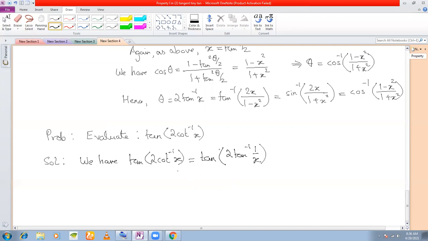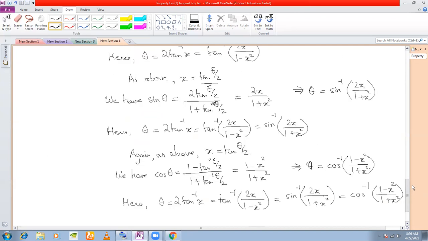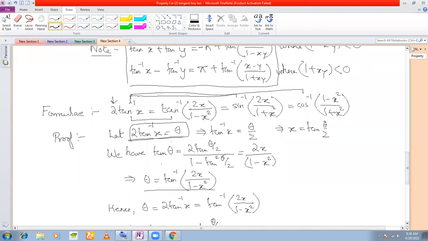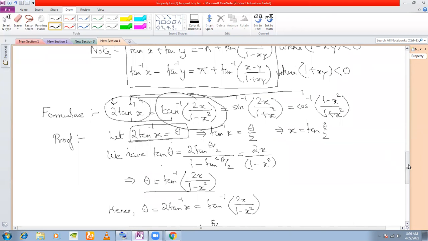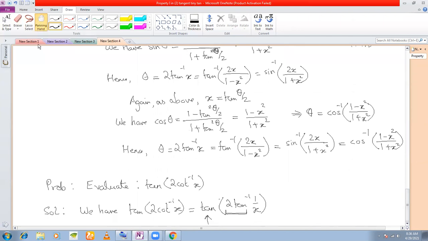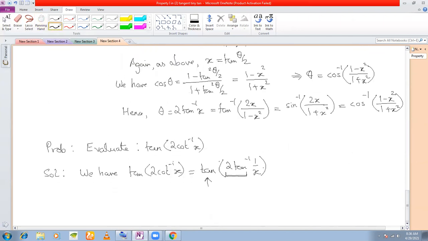Yes. Now again, see that I have a tan here. If I bring a tan here, then they will nullify each other, isn't it? But I have a 2 tan inverse. So what I'll do is use this property, that is 2 tan inverse gets converted to tan inverse. Okay, so I'm going to write this as tan of 2 tan inverse 1 by x.